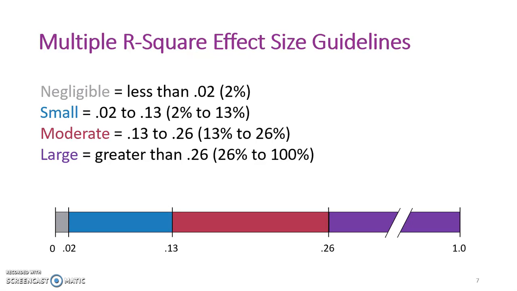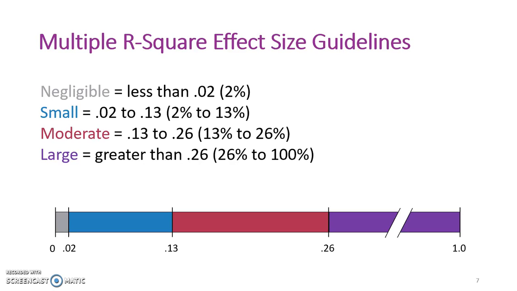The R-square effect size for multiple regression we call the multiple R-square. And the multiple R-square, when we have more than one predictor included in the model, has different guidelines. It has different cutoff values than the R-square for a model that is just bivariate or just has an X and a Y. So for the multiple R-square, we consider an effect to be negligible if it is smaller than 0.02 or the predictors account for less than 2% of the variation in the outcome.